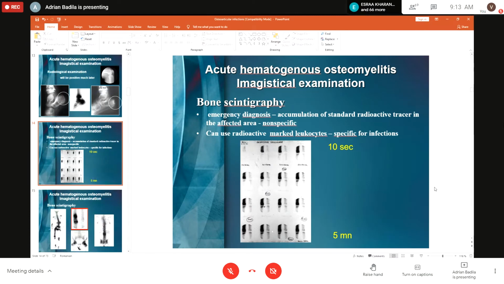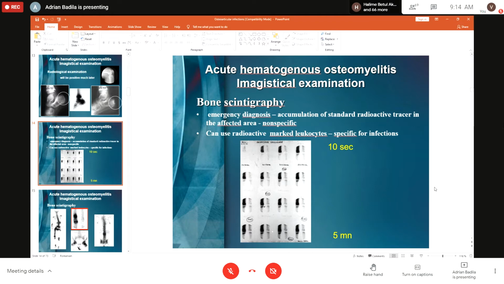We have different types of scintigraphy. We have the standard scintigraphy with a standard radioactive tracer that will accumulate in the affected area. But this kind of imaging examination is non-specific. If you have such an image with a radioactive tracer accumulated in a part of the body, that means that something happens there, but you don't know if it's an osteoarthritis, a tumor, an infection, and so on.